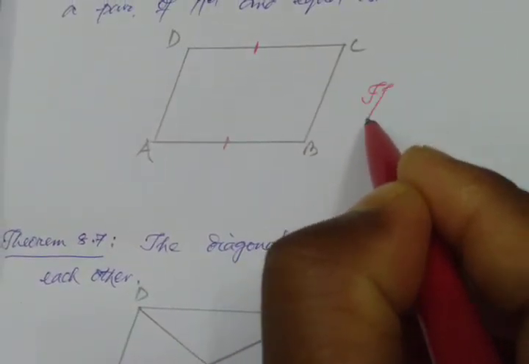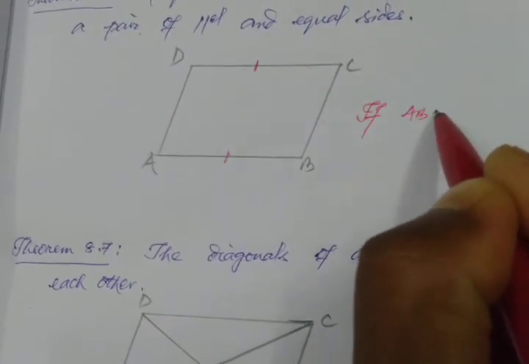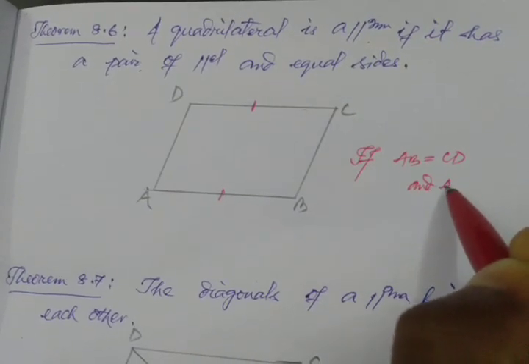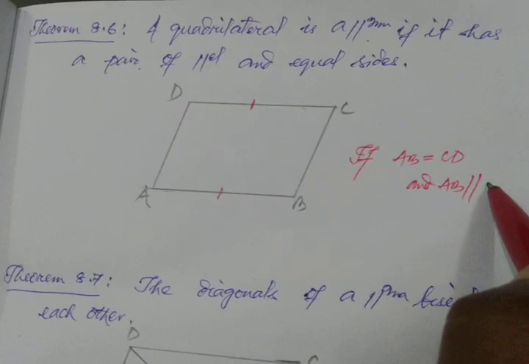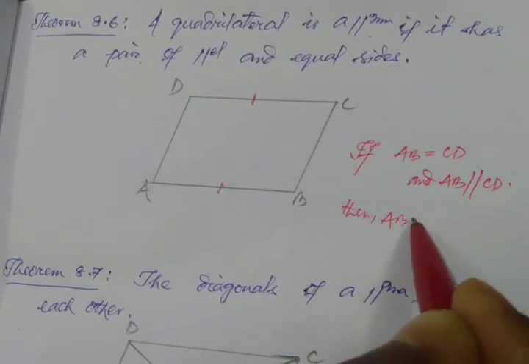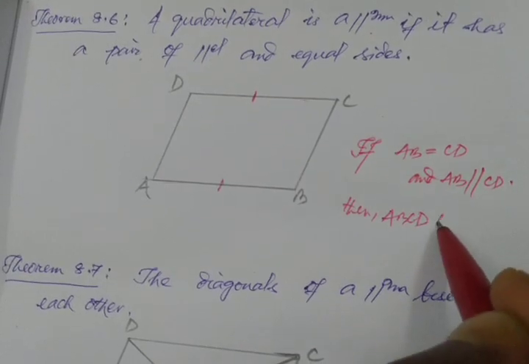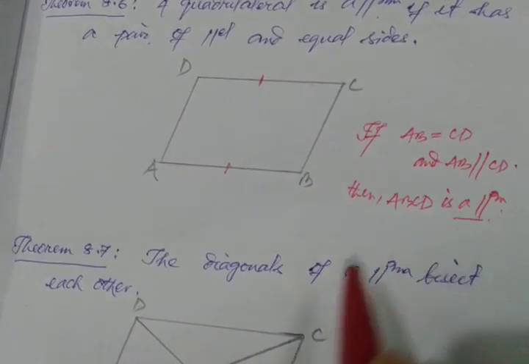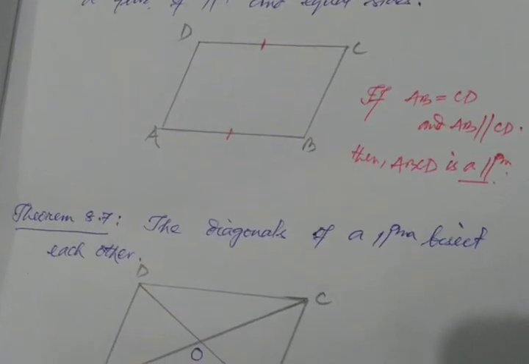That means if AB is equal to CD, and the same AB is parallel to CD, then we can say that ABCD is not only a quadrilateral but is a parallelogram. Once again, that is what theorem 8.6 says.